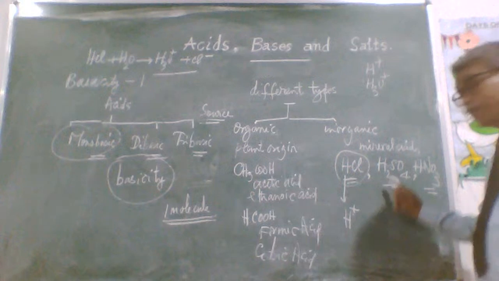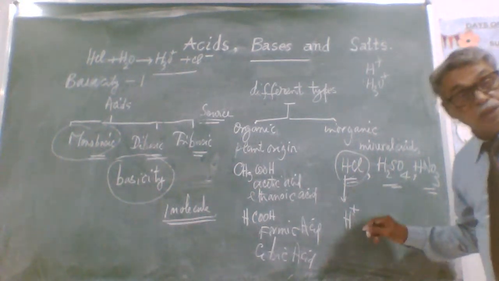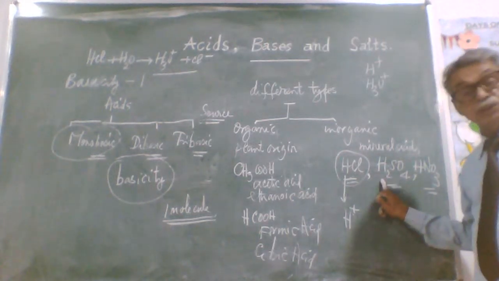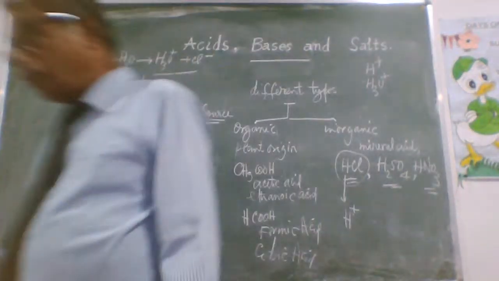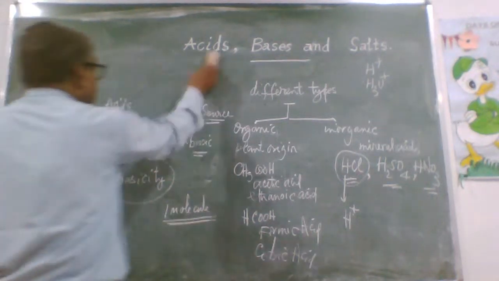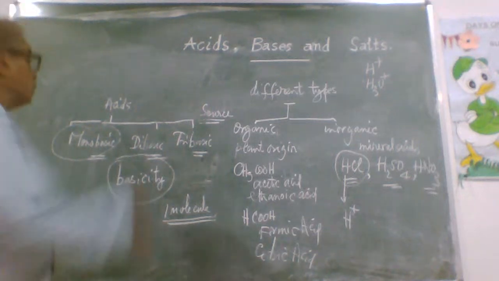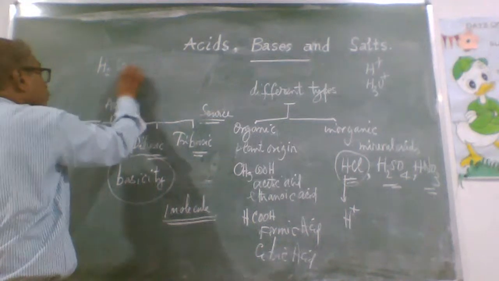Basicity of sulfuric acid, H2SO4, is how much? 2. Basicity of sulfuric acid is 2 because per molecule of the acid, it can produce 2 hydronium ions. Look at this, H2SO4.